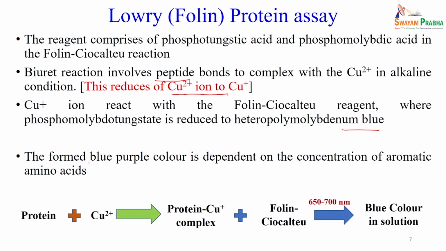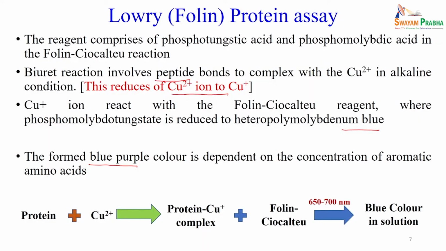The formation of this color depends on the concentration of reduced copper ion, which in turn depends on the protein concentration. So the protein indirectly reduces copper 2 plus to copper plus, and copper plus binds to the Folin reagent giving a blue purple color.